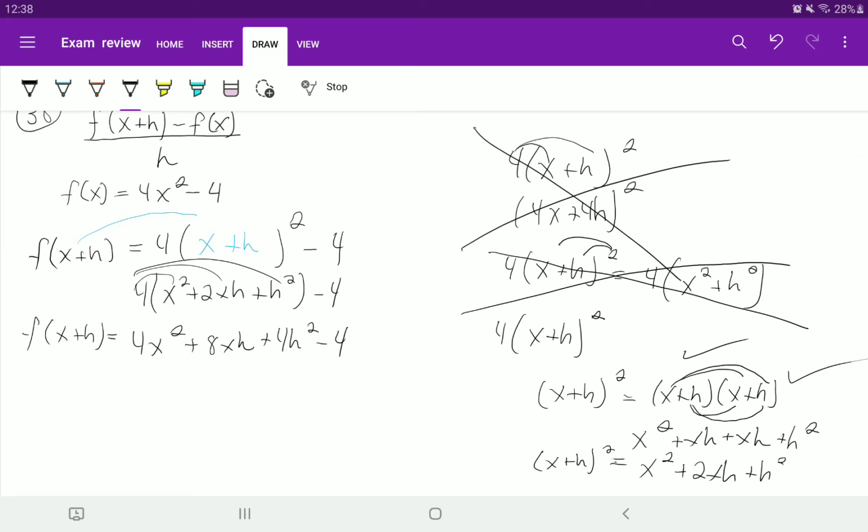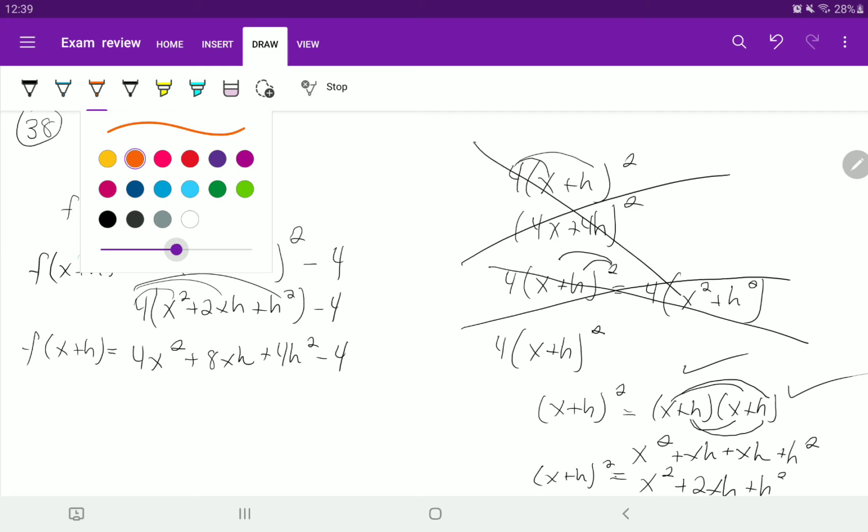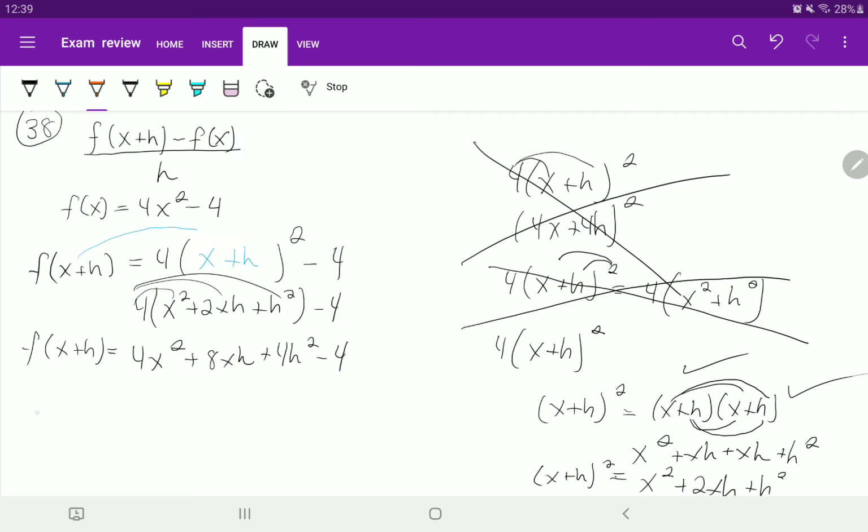Now, we can plug what we have into our difference quotient. So our difference quotient says f of x plus h, which is 4x squared plus 8xh plus 4h squared minus 4. Then we have minus f of x. So minus, in parentheses, f of x, which is 4x squared minus 4.